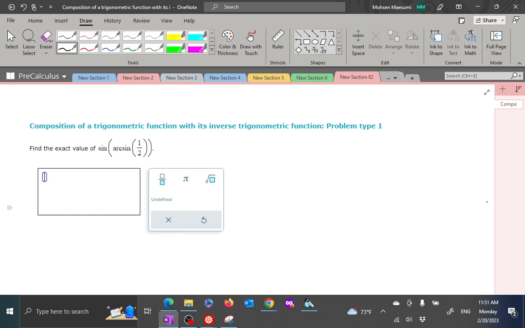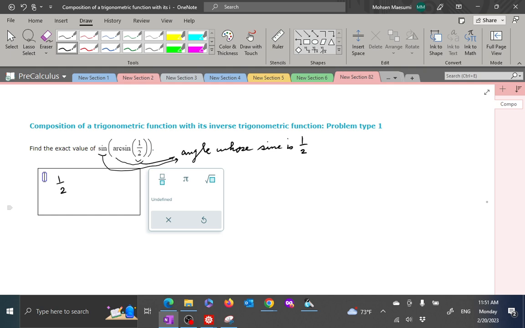Well, some number is given, and we are finding the angle whose sine is 1/2. Then we ask, what is the sine of that angle? It sounds a little bit silly, but sine of the angle whose sine is 1/2 is just 1/2.